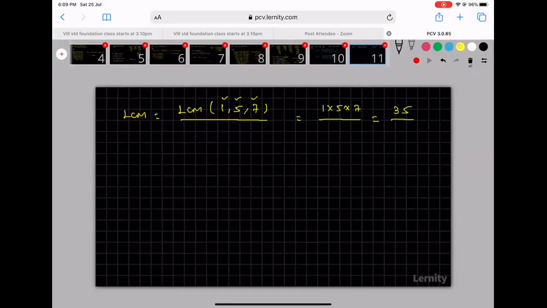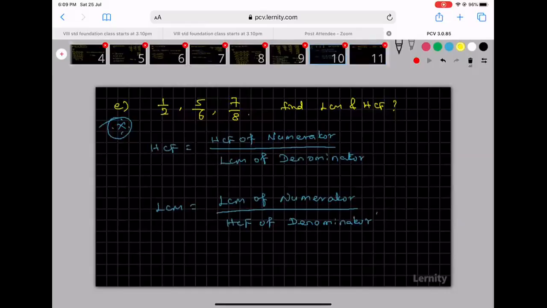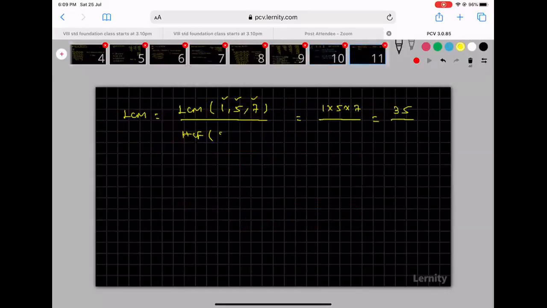Now I want to find the HCF of denominator. Denominator is 2, 6 and 8. Here 2 I can write as 2 into 1, and 6 as 2 into 3 into 1.